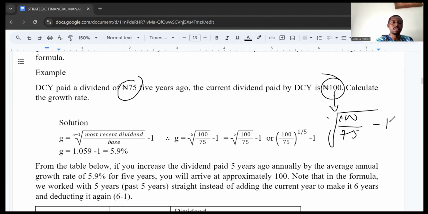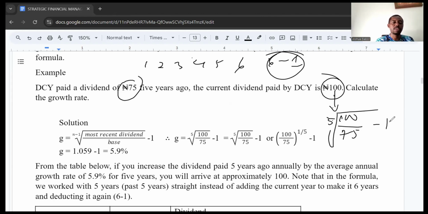Here it is 6 years as illustrated earlier, so n would be 6 minus 1. But since they've given 5 years ago, I wouldn't bother myself. I'll just bring 5 here straight.